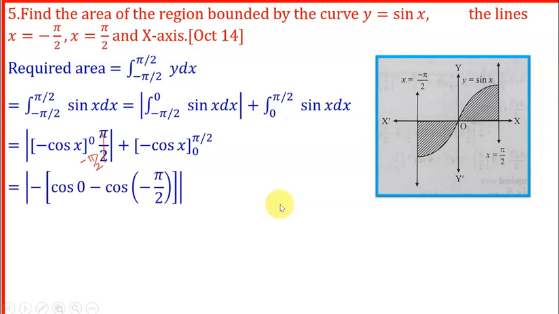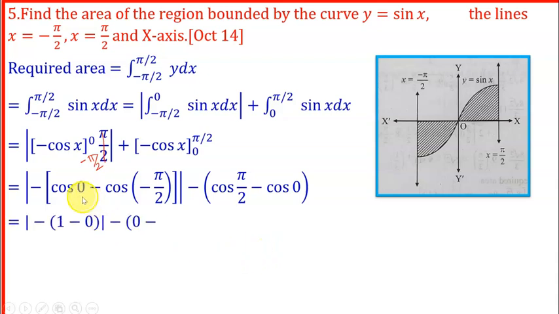After substituting the values, first we have cos of 0 minus cos of minus pi by 2, plus the next, minus cos of pi by 2 upper limit and 0 lower limit. Now see this: cos of 0 is 1, cos of 90 is 0. Next is the minus sign, cos 90 is 0, cos of 0 is 1.